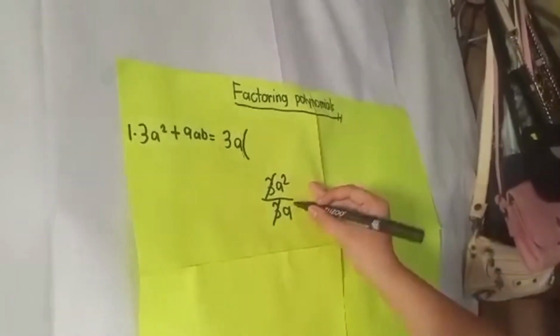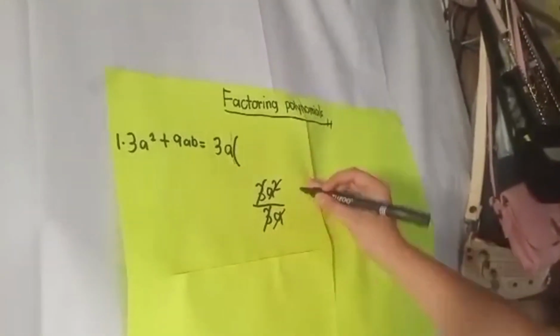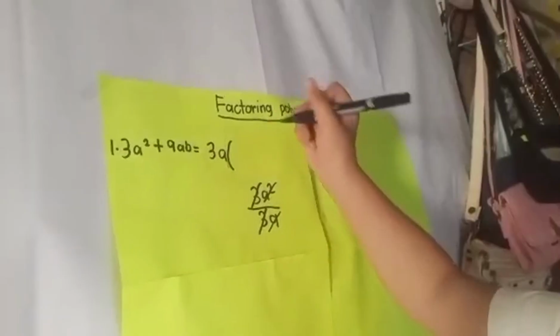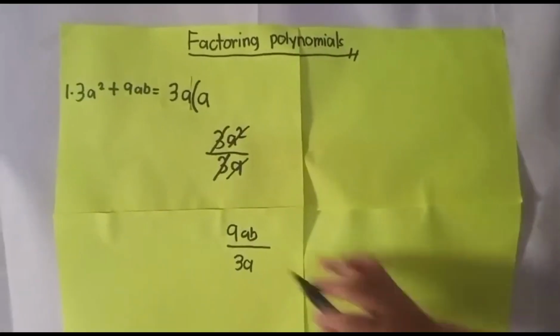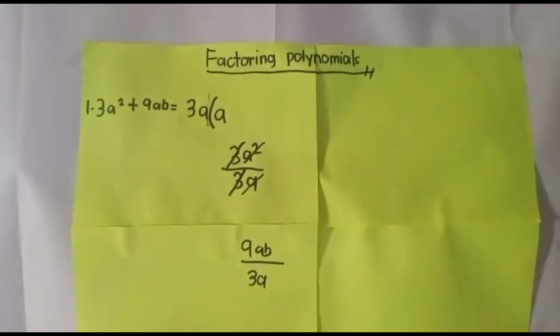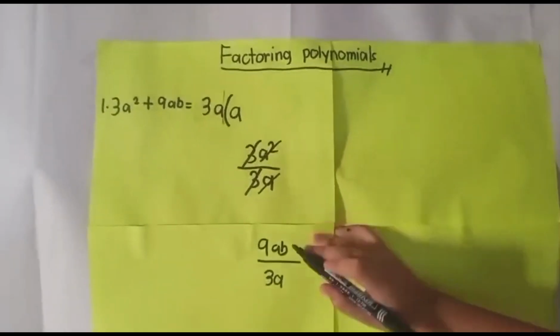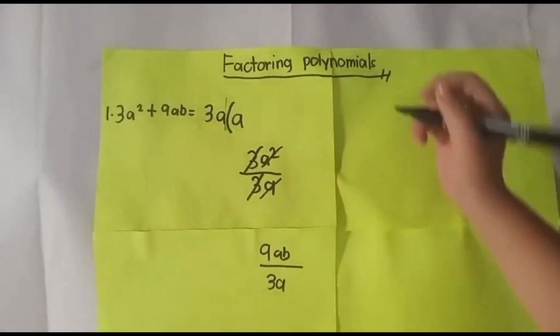So, pag kinancel ko to, may matitirang a sa taas. So, therefore, this is a. 9ab divided by 3a. So, 9 divided by 3 is 3.